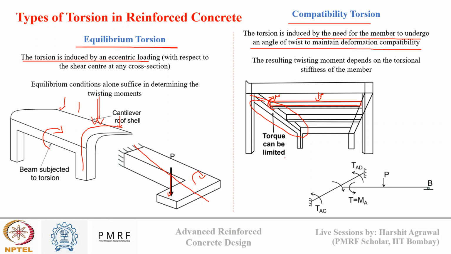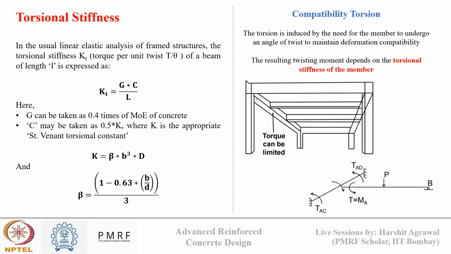Now the amount of twisting that will happen in this member will depend upon the torsional stiffness of the member. What is the stiffness against torsion this member is providing? How do we determine the torsional stiffness? For this we use linear elastic analysis.